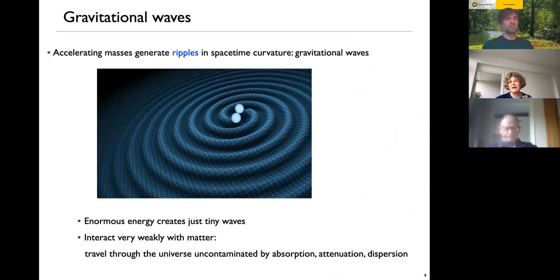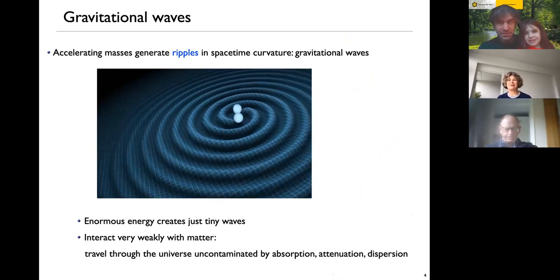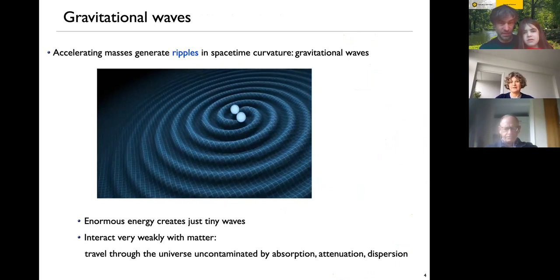And far away from the source, one sees these dynamical distortions in the space-time curvature as ripples in the fabric of space-time, which is hard to visualize. So we resort to these kinds of lower dimensional animations. But these are the gravitational waves.